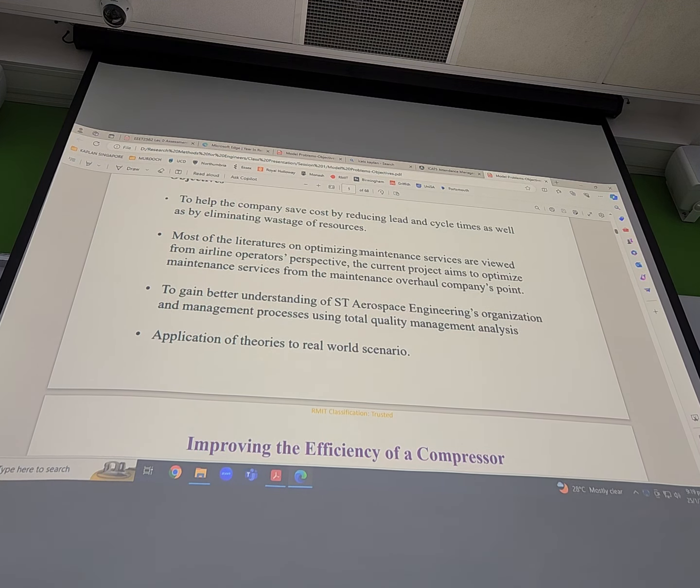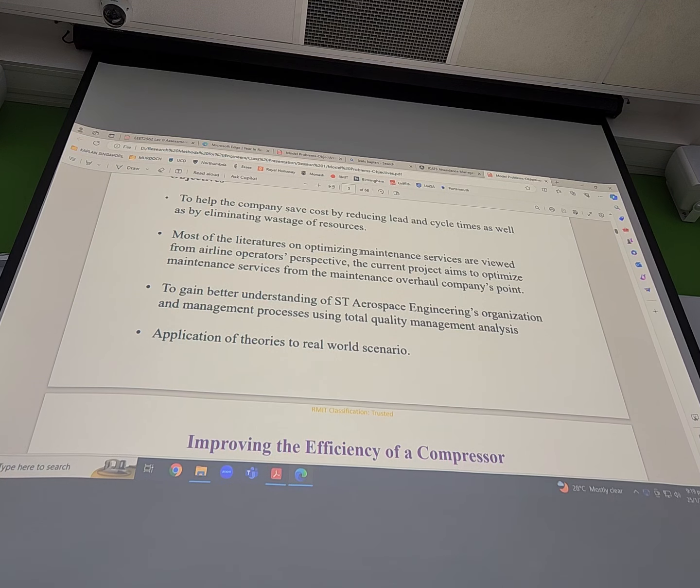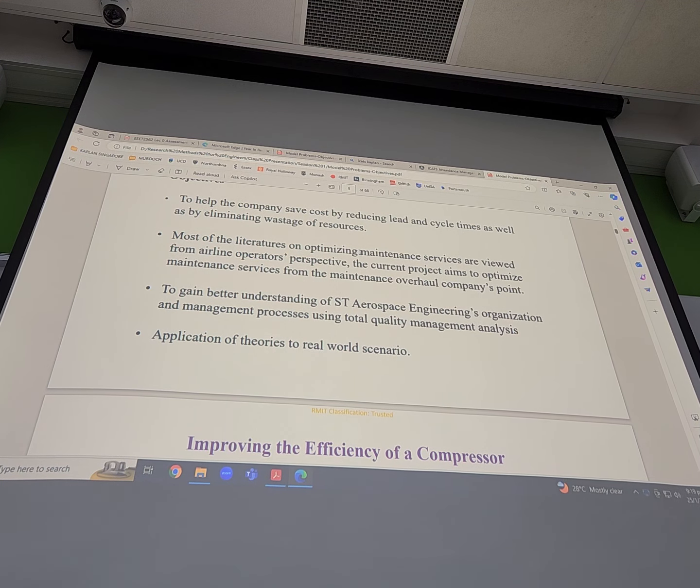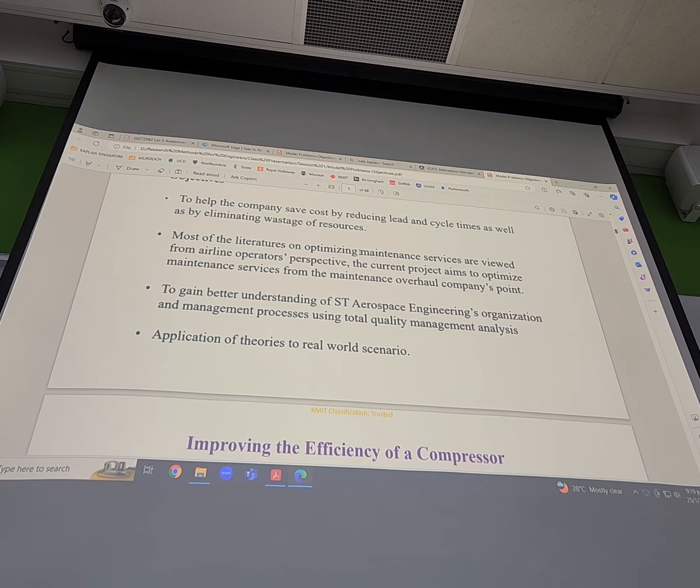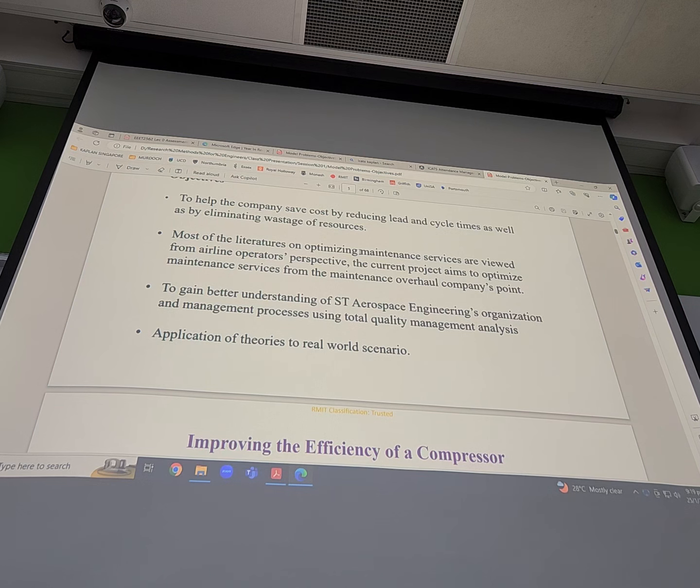All of you should know that you are doing project work, not to understand, not to learn. When you are picking up this subject, project work means you are going to solve the problem. You are going to apply the tools and techniques in solving the problem. So not to understand.